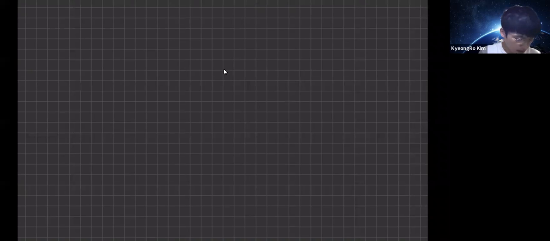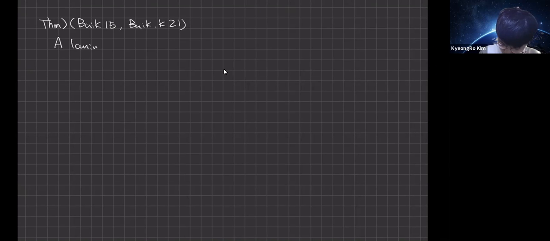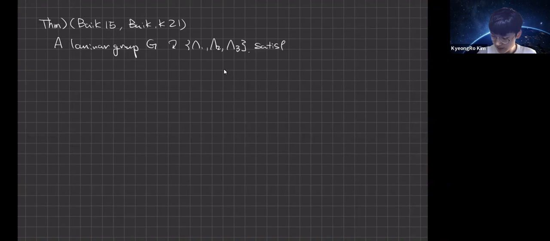So first, a laminar group G preserving three circle laminations simultaneously, satisfying some condition, is a convergence group.